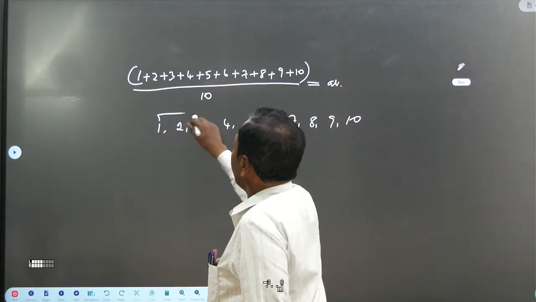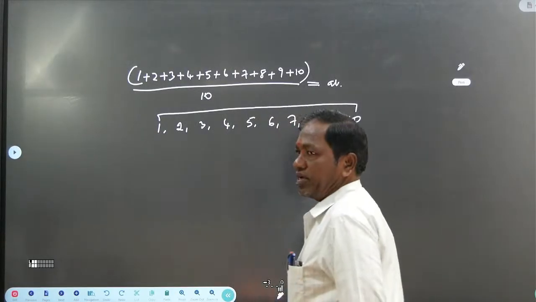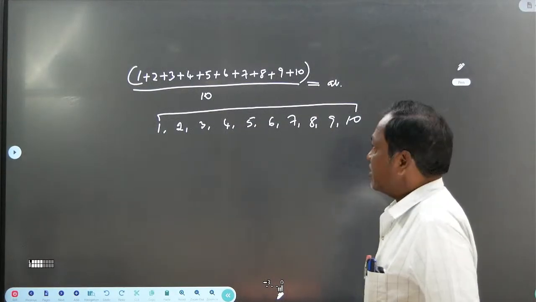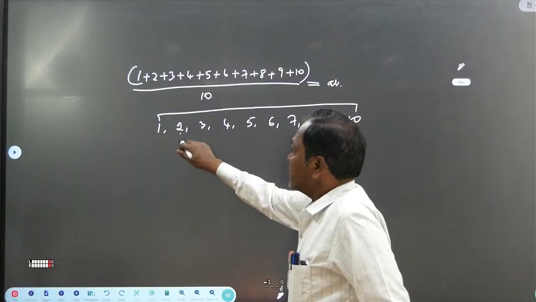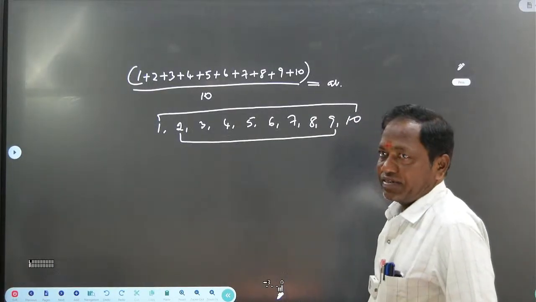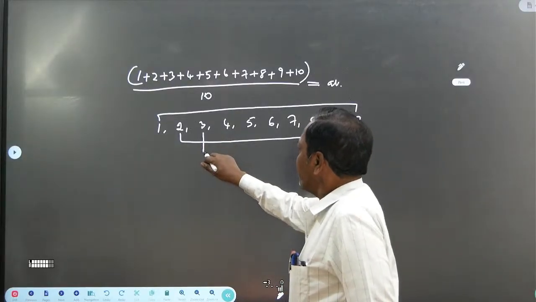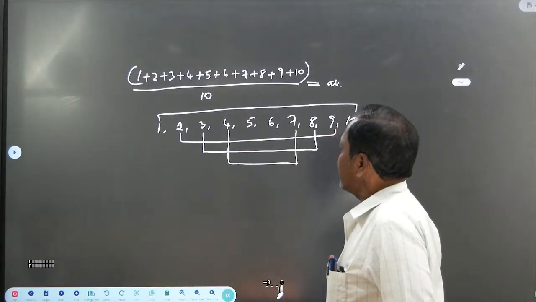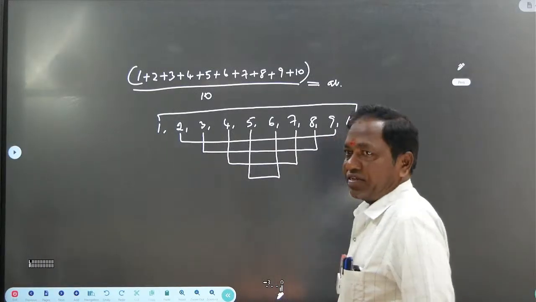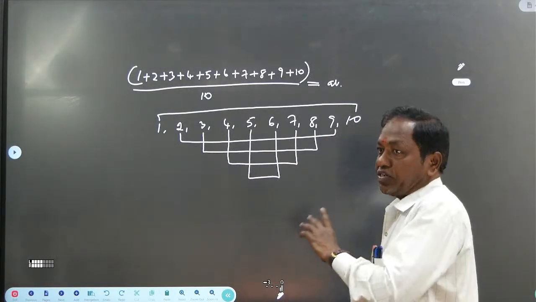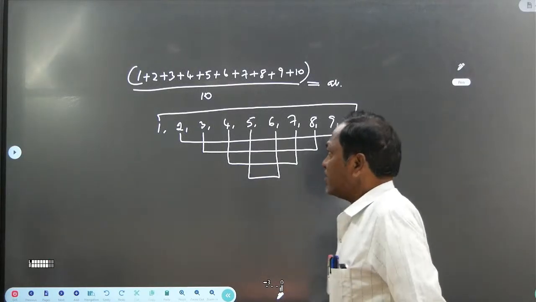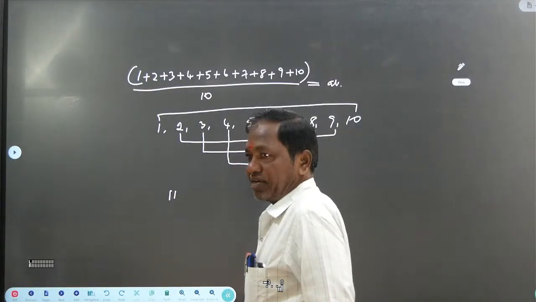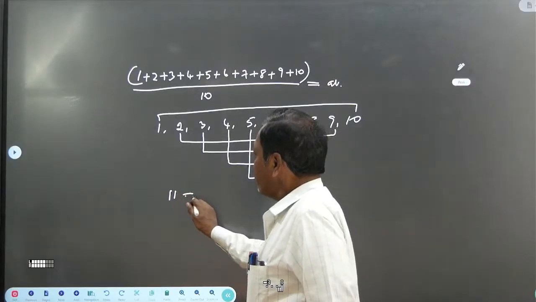What is the sum of the first number from the beginning and the first number from the last? 1 plus 10 is 11. The sum of the second from the beginning and the second from the last is 11. The third from the beginning and third from the last, the fourth, the fifth, each is 11. With natural numbers it is always like that.